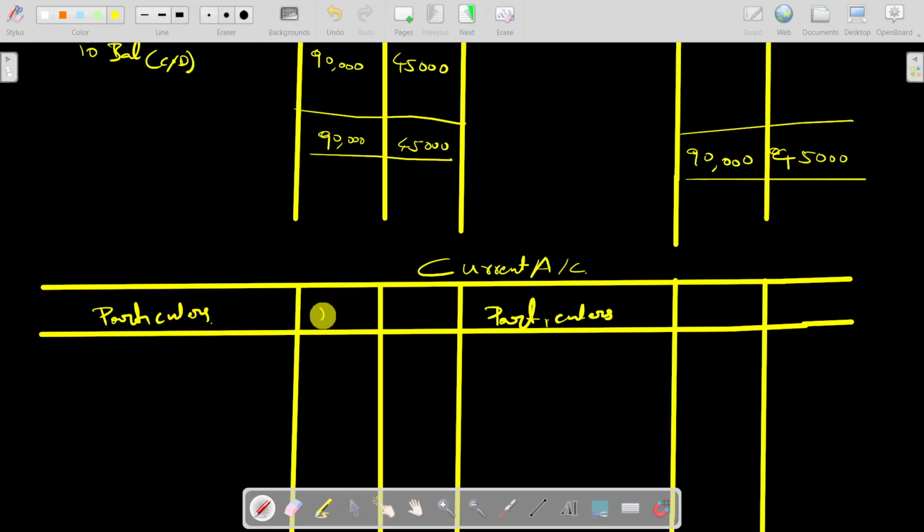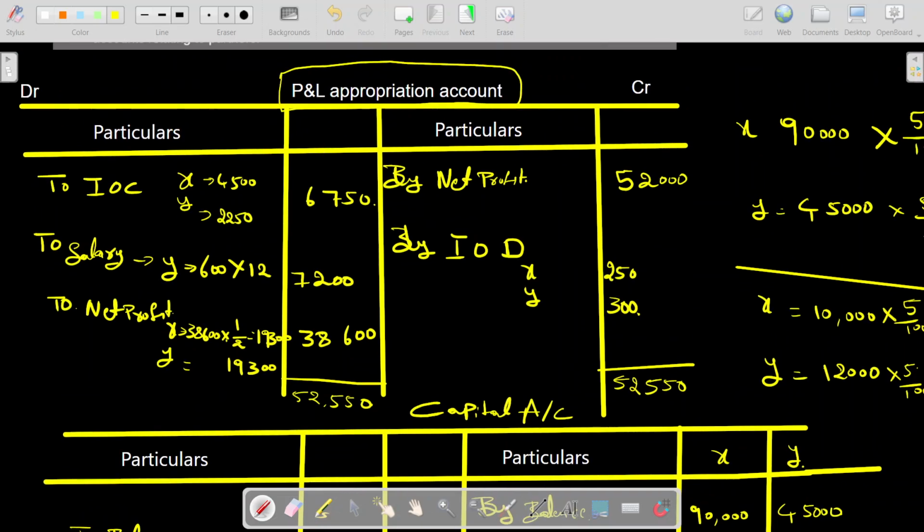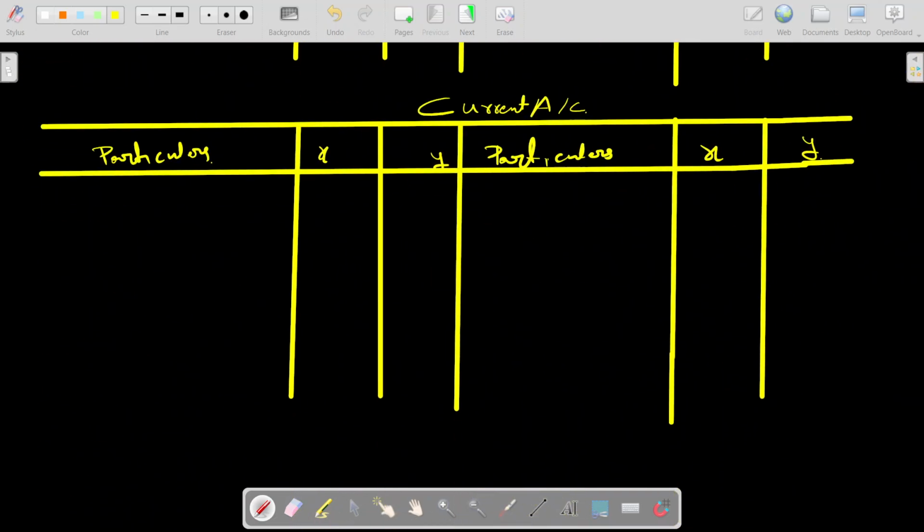X and Y. And what the partners are getting is to be recorded in the credit side of the current accounts.